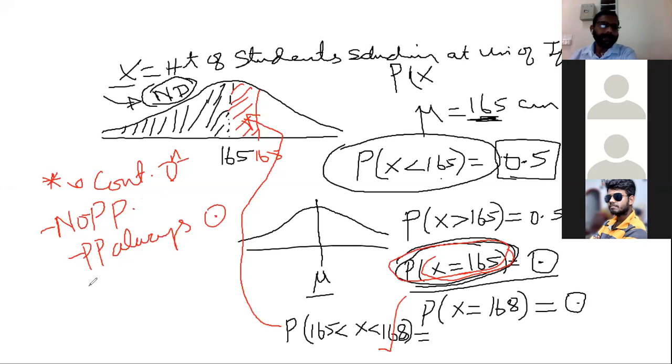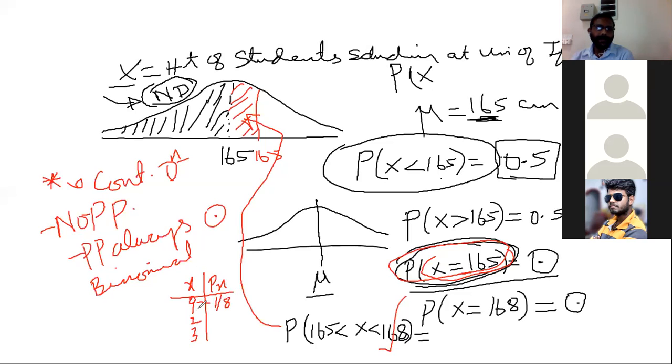But in binomial distribution, can you remember tossing a coin three times, getting head? So this is an event, this is probability. Can you remember? 0 head is possible, 1 head is possible, 2 head is possible, 3 head is possible. What is the probability? 1/8, right?